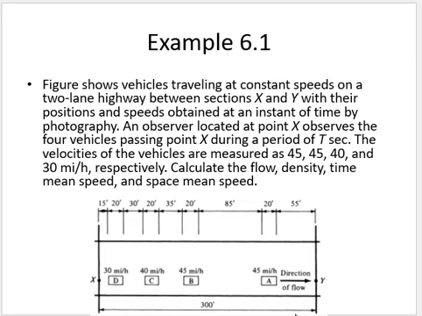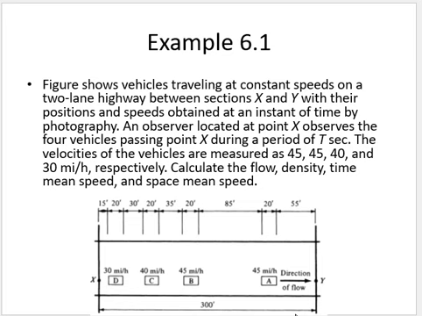For Q there is an equation. What was the equation? It was N over T, converted to per hour.